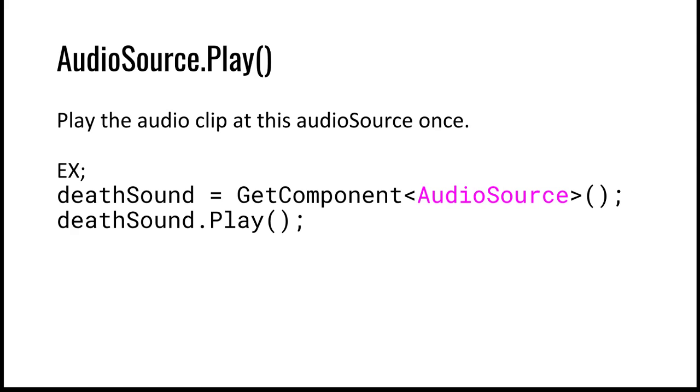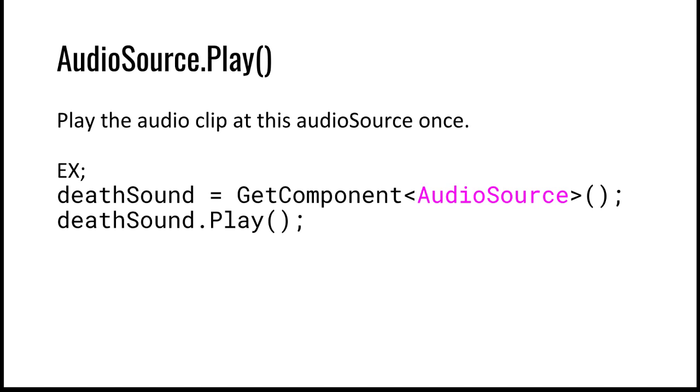So when we want to play sound effects, we have to actually get these audio sources. So you can either get the component or get a game object that has one. And once you have that, you can play your sounds or manipulate anything about the audio source that you want.